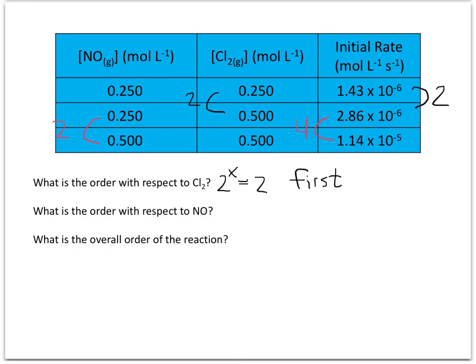When we doubled the concentration of nitrous oxide, the reaction rate initially quadrupled. So using our same formula, we doubled the concentration, and the reaction rate quadrupled. That means that x would have to equal 2, which means that this is a second order reaction. And so the overall order of this reaction would be a third order reaction.